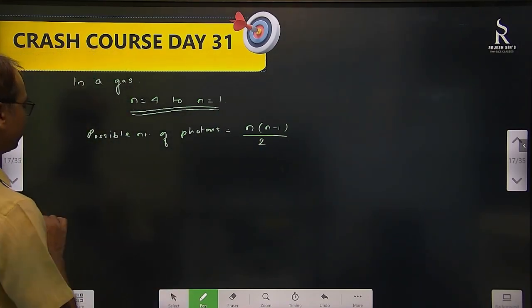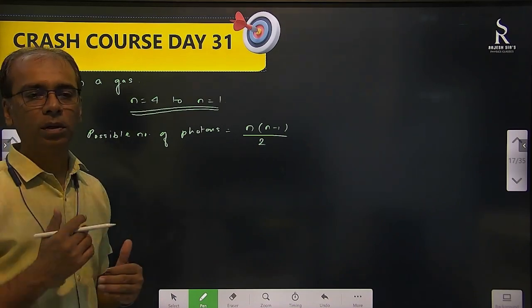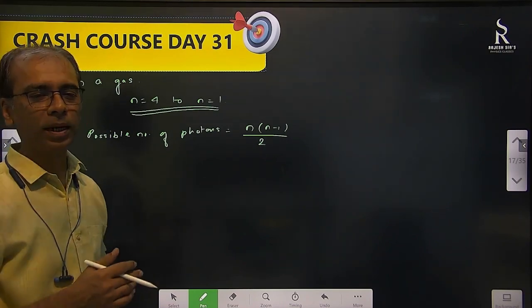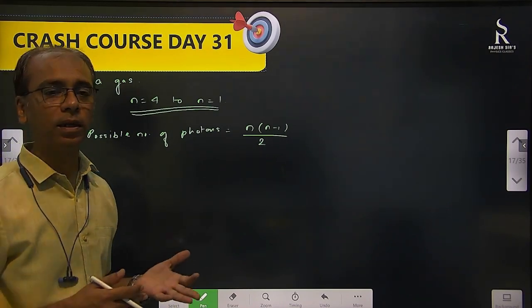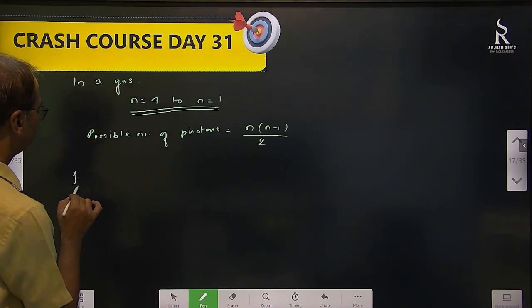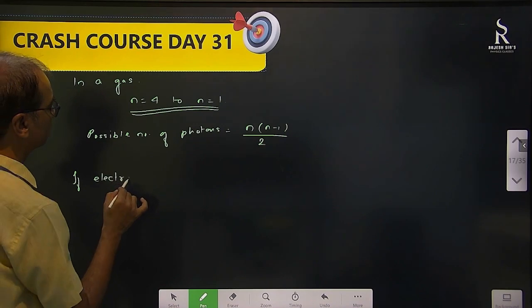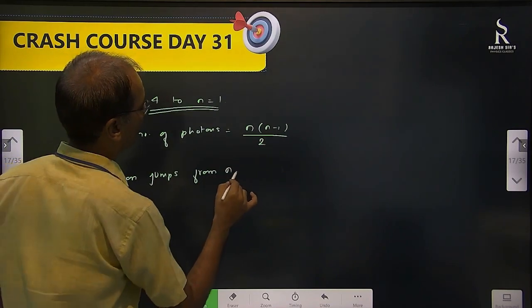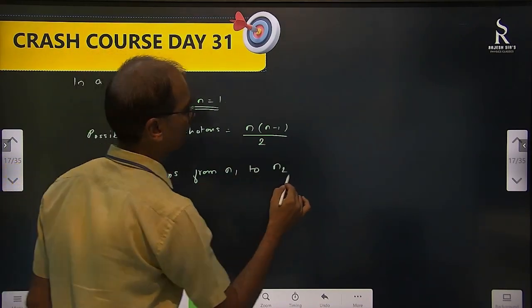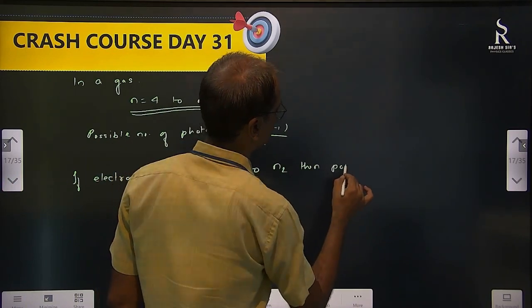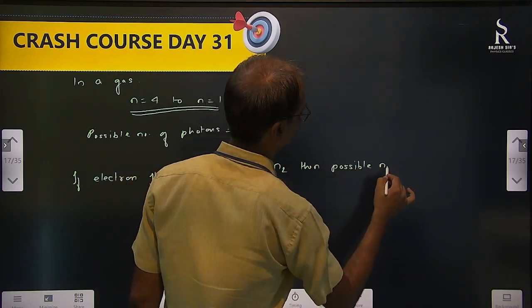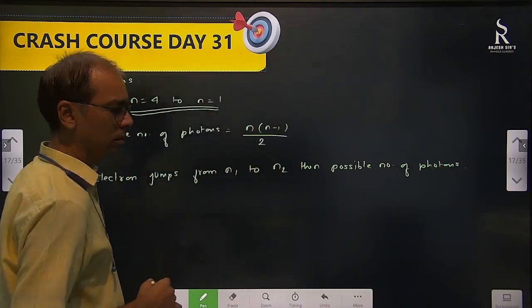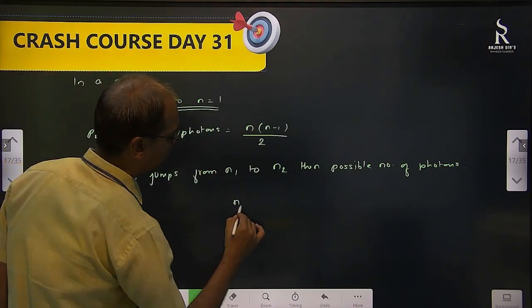But sometimes you will be asked that it is not jumping from a higher energy orbit to the ground state directly, but to the first excited state or second excited state. Then see, if an electron jumps from n1 to n2, possible number of photons: see what I am writing, n1 minus n2.